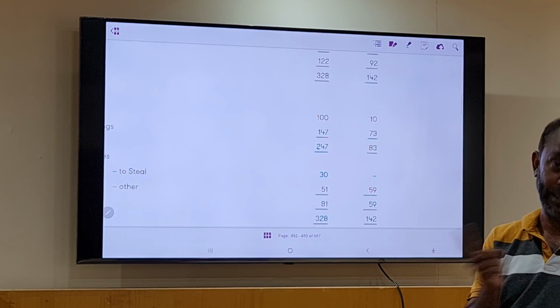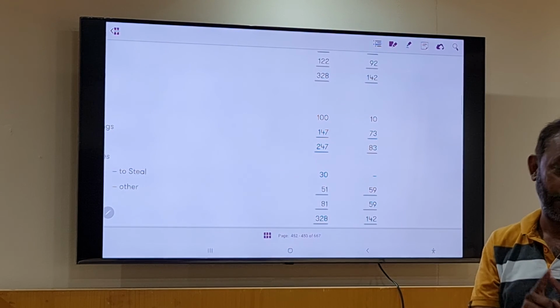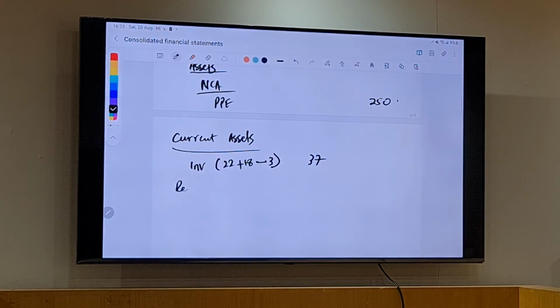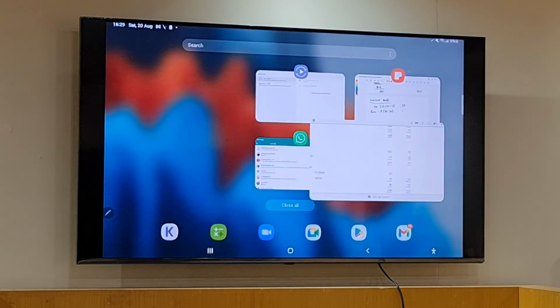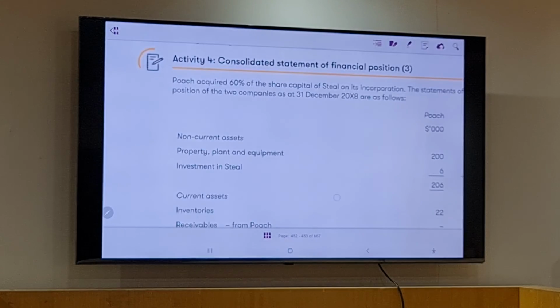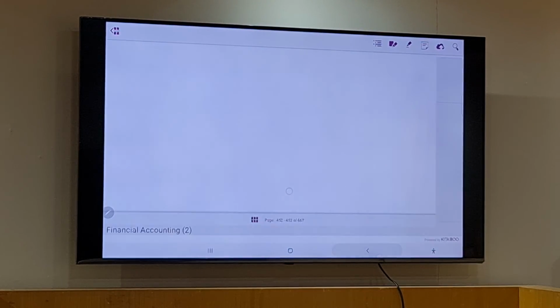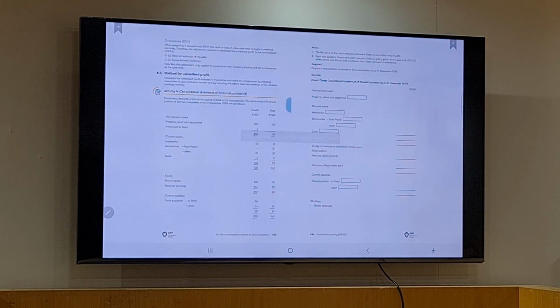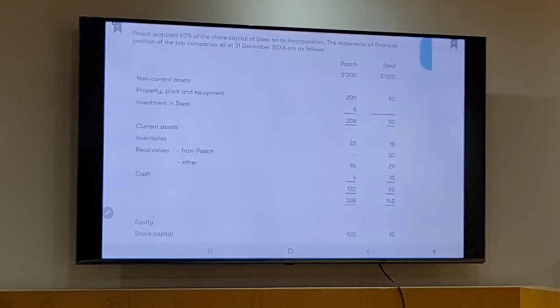This also needs to be adjusted. So what do you do now? Receivable from P 30, I will minus 30. Others receivable, yeah, receivable others is fine.